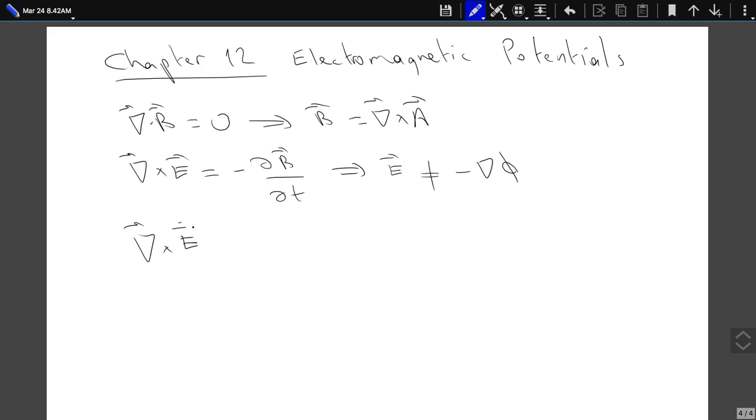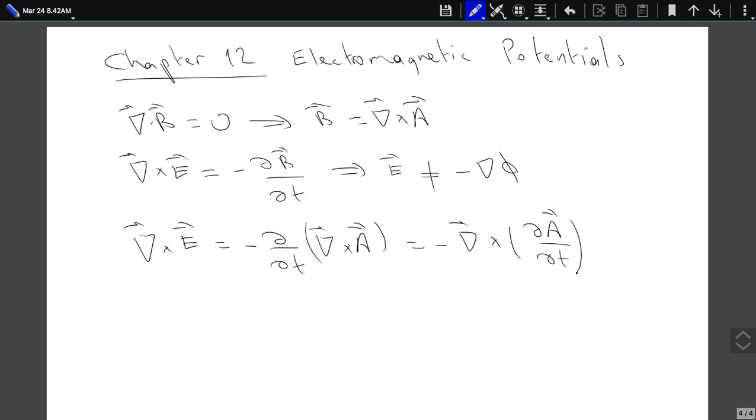But we can still define some kind of a scalar potential. Let's see how we can do that. Now the curl of E is equal to minus the time derivative of B, which we said is the curl of A. But the position derivatives and time derivatives, I can just change their place. This is minus the curl of the time derivative of this vector potential.